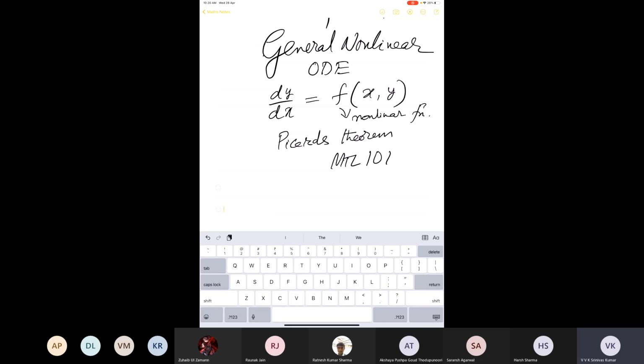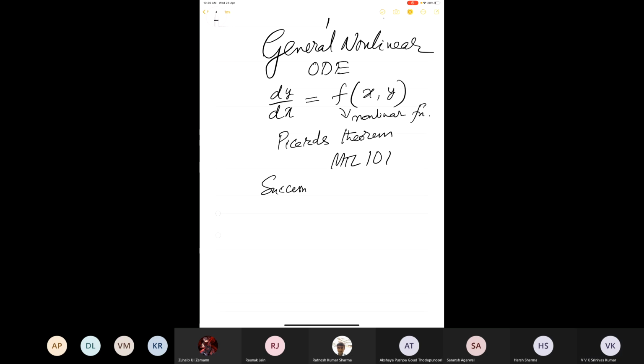We have studied how to solve. There is something called the successive approximation method, or Picard's method.